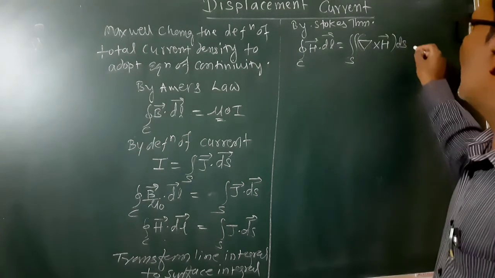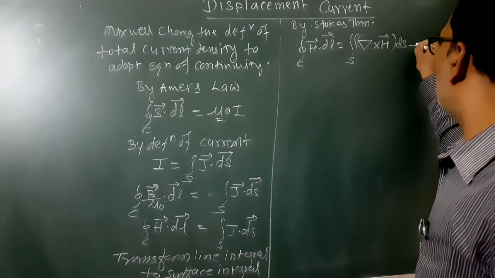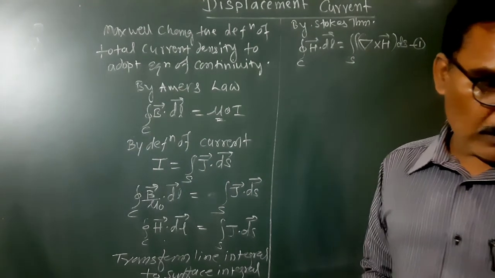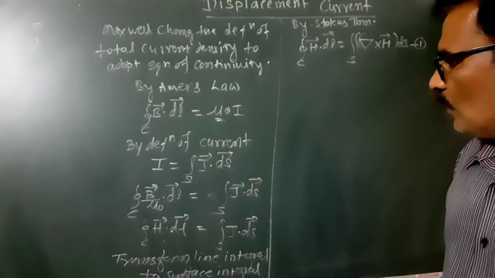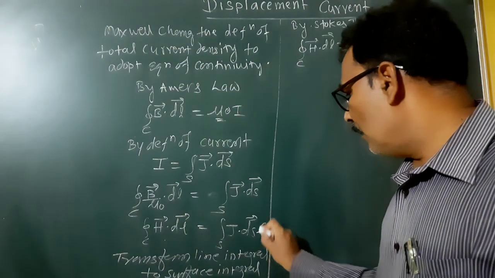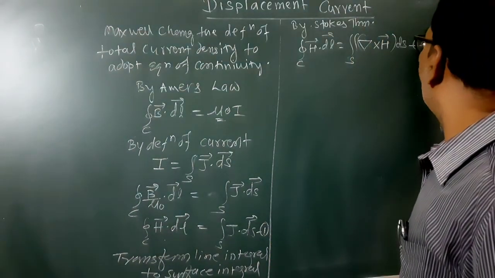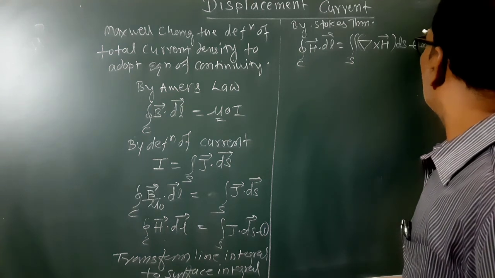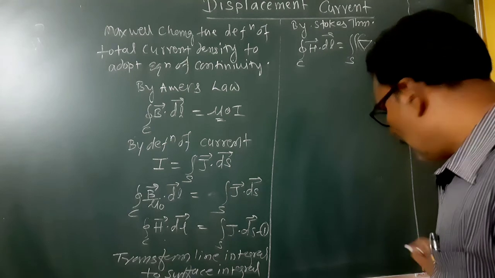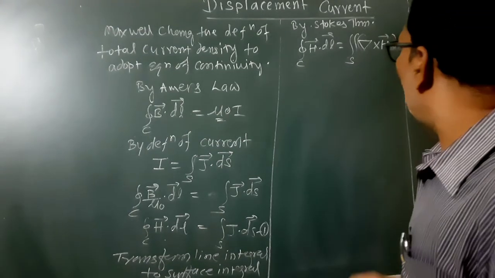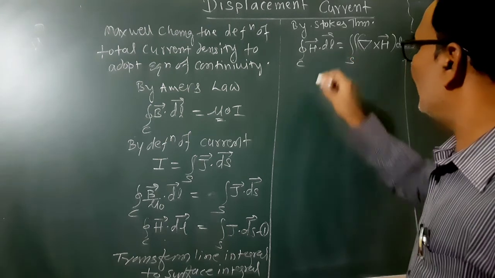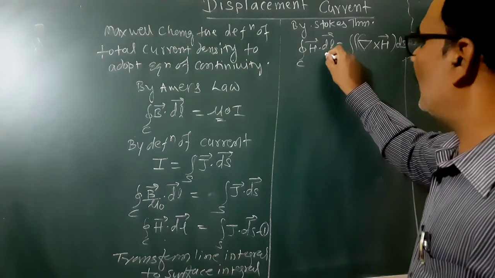So this is equation 1, and this is equation 2. Now from 1 and 2, the left-hand side in both is the line integration of H bar dot dl bar.